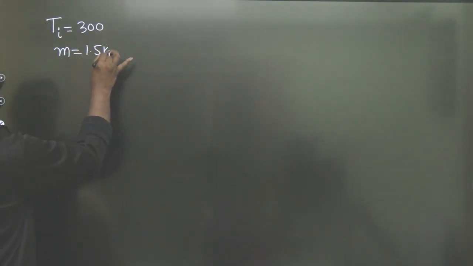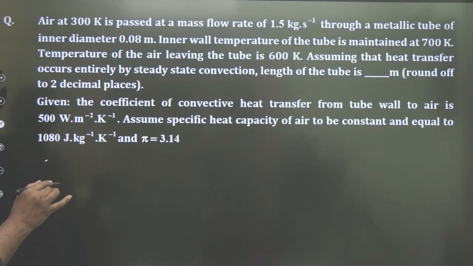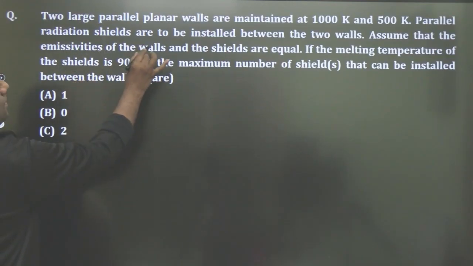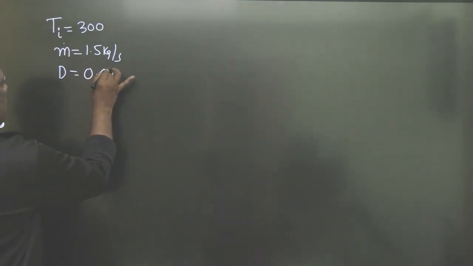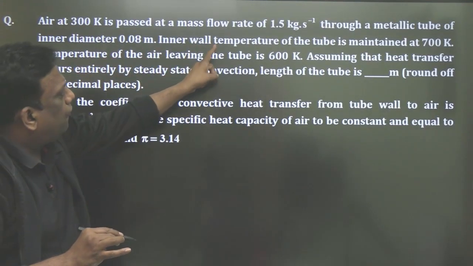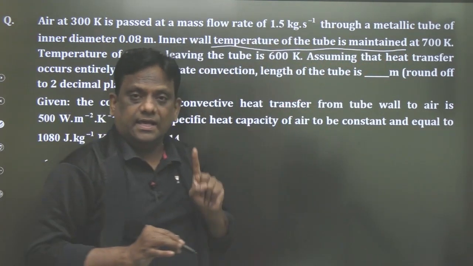Now, through a metallic tube of inner diameter, the diameter of the tube is given as 0.08 meter. Now, the inner wall temperature of the tube is maintained at 700 Kelvin.